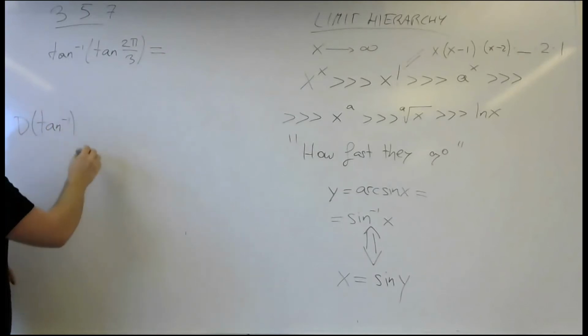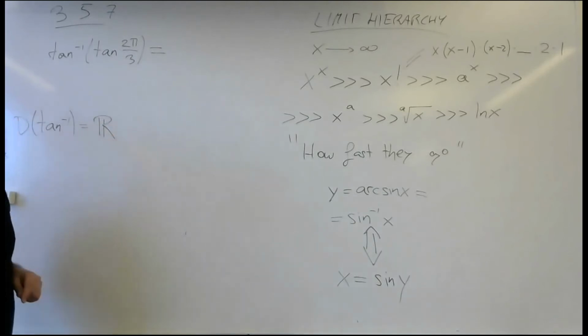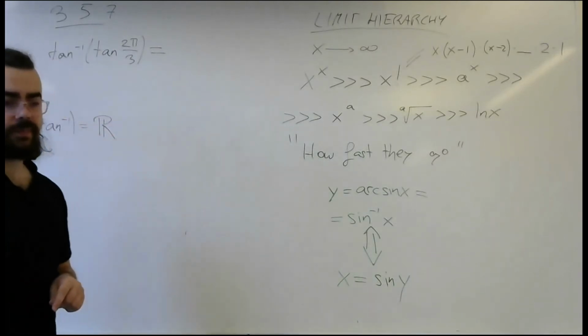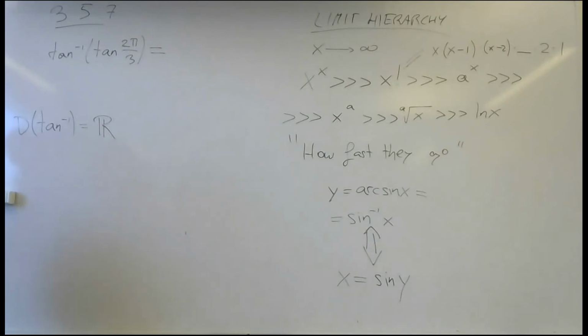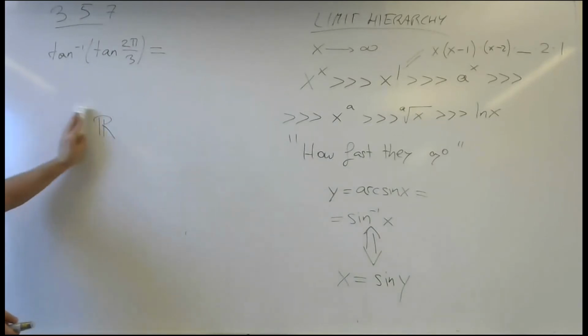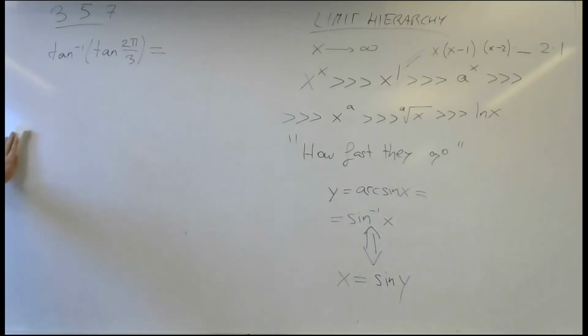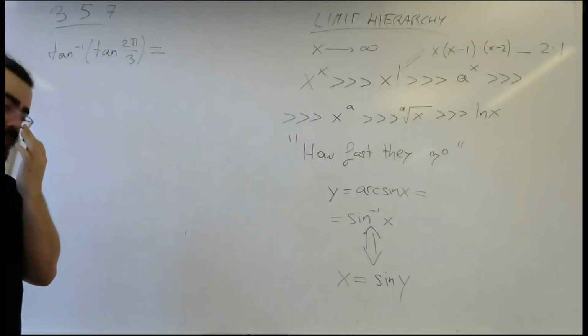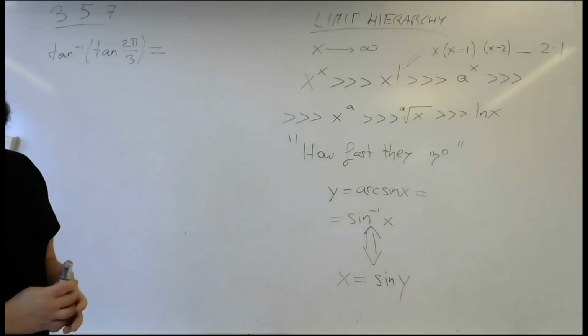In before, the domain of the arctangent is R. You can wonder about an angle whose tangent is worth anything really. So we have no problems with domain. The thing here is that tangent minus 1 and the tangent are inverse functions.